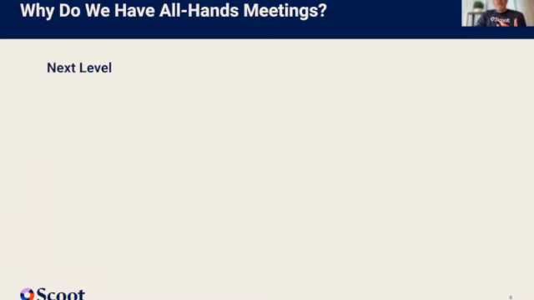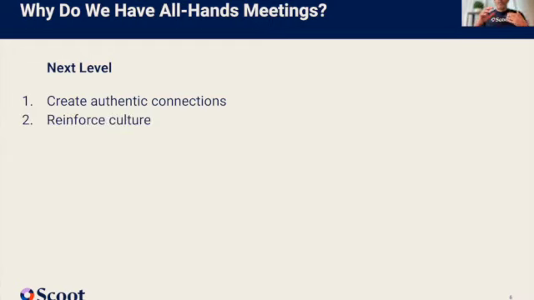What we want is to take our all hands meetings to the next level, which include things like creating authentic connections, right? Taking our company culture and making everyone feel a part of it. Maybe the most important one is breaking down the silos between departments. When everyone's dispersed, they are pretty good with the people that they work with every day.